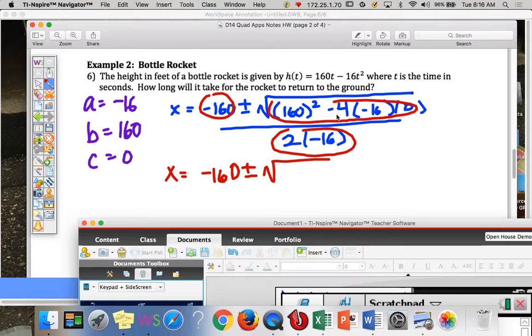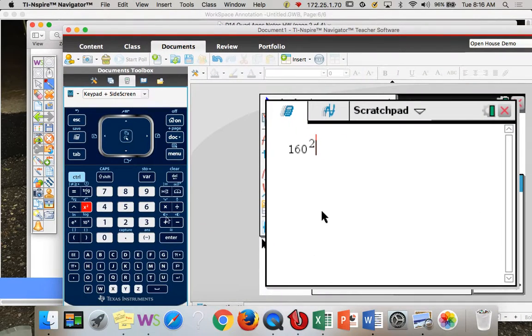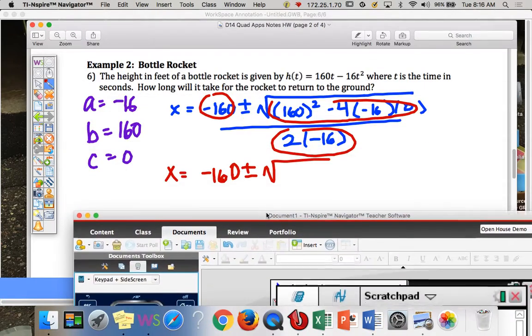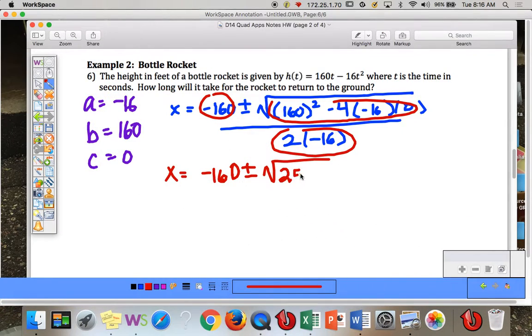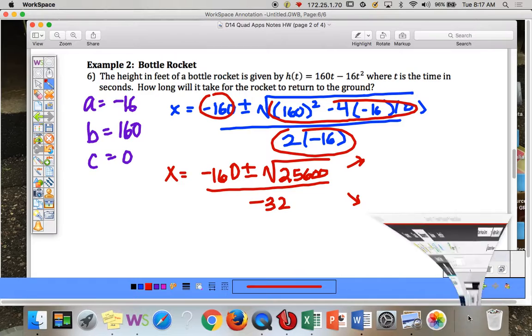And if you look, minus 4 times negative 16 times 0, that turns this whole part into 0. I'll show you here. Negative 4 times negative 16 times 0. So we should get 160 squared. And then we'll take the square root of that, so 25600, all over negative 32. We're going to split it up.